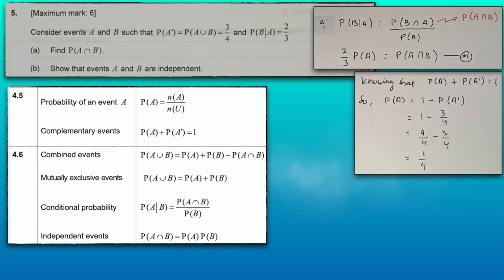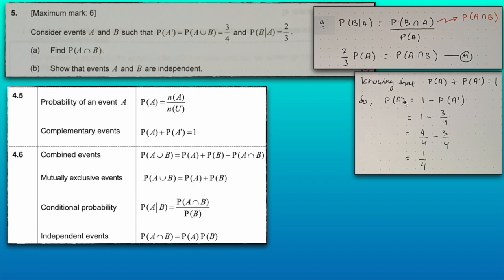Next, this is a key formula in this question. We should know that probability of event A plus probability of event A complement is equal to 1. We know probability of A complement is equal to 3 over 4.